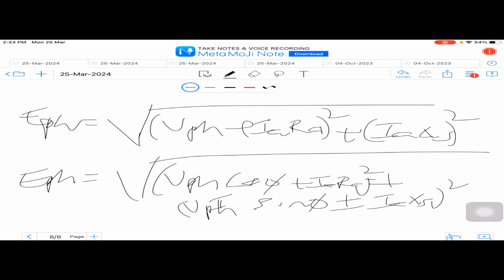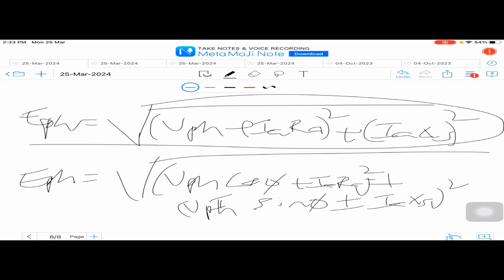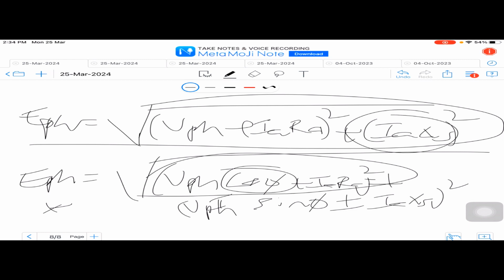When you observe, for unity power factor it is VPH plus IA RA square. That term is the same here, but we consider two terms, cos phi and sin phi, because load may be both lagging and leading. In the second term, VPH sin phi plus or minus IA XS, the plus sign is used for lagging and the minus sign is used for leading power factor. So this is about your vector diagrams of loaded alternator.